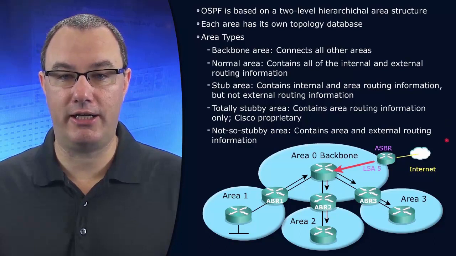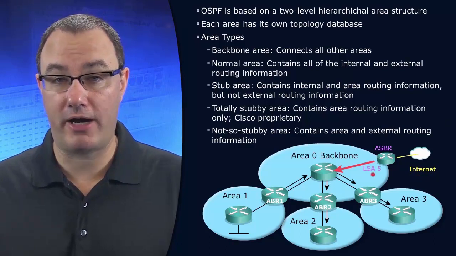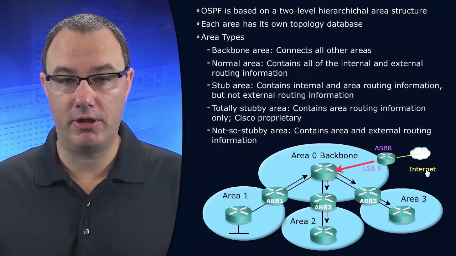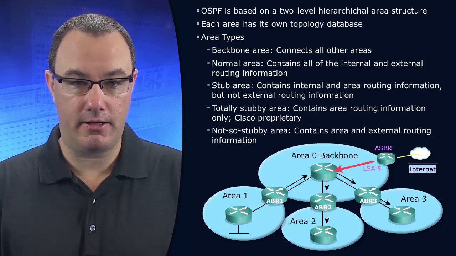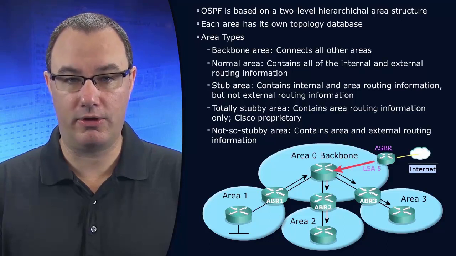Now, normally we don't take routes from the internet and redistribute them all. In fact, it is just not done. But let's say instead of being the internet, that this was something like another entire organization.